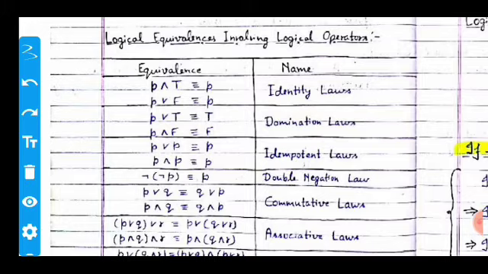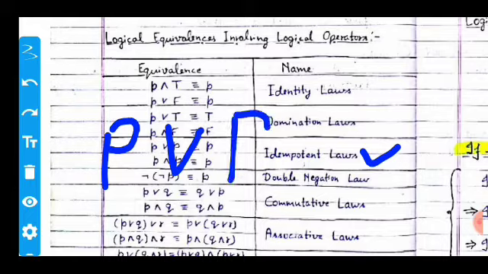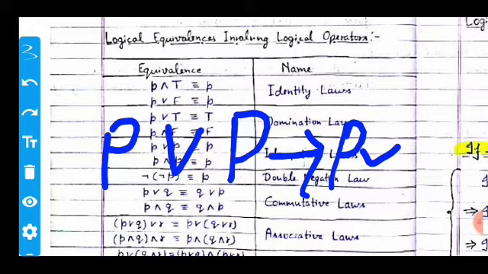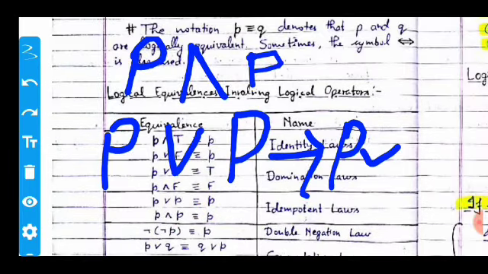Now come to the idempotent law. The idempotent law represents itself, meaning when any value is ANDed with itself, it represents itself, and when any value is ORed with itself, it also produces itself.